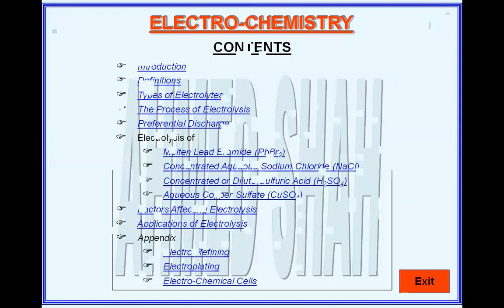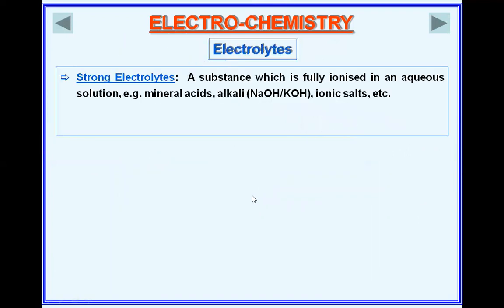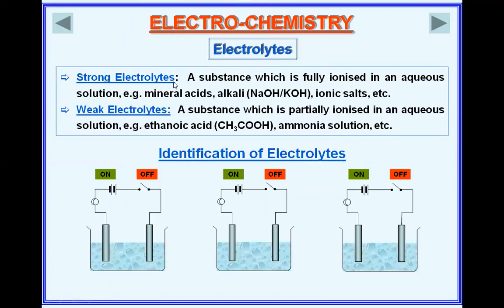How many types of electrolytes do we have? It has been discussed many times during the acid-base topic. Strong electrolytes: strong acids and strong bases. Weak electrolytes: weak acids and weak bases.